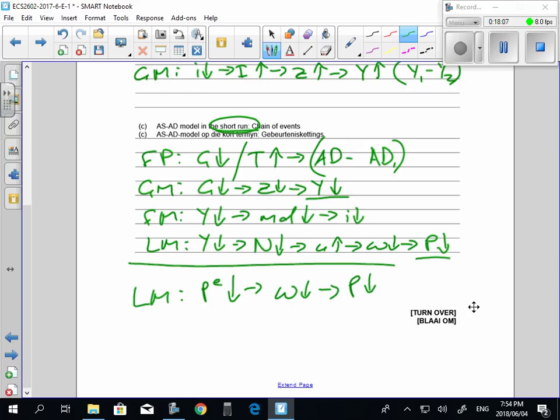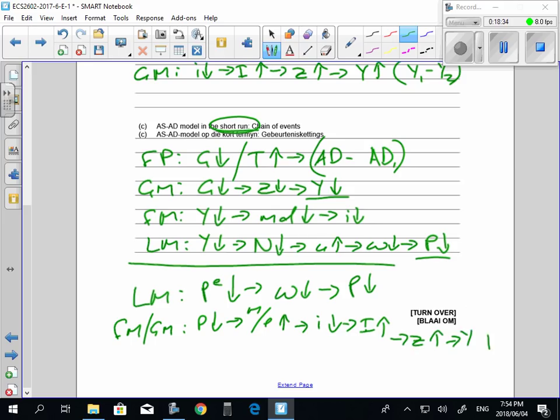Then you go back to your financial and goods market with a decrease in price. Real money increases. Interest rates would decrease. Investment spending increases. Demand for goods and services increases.